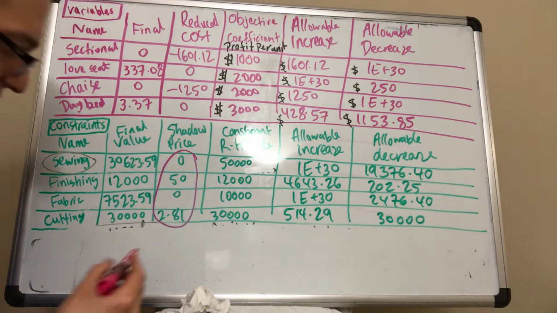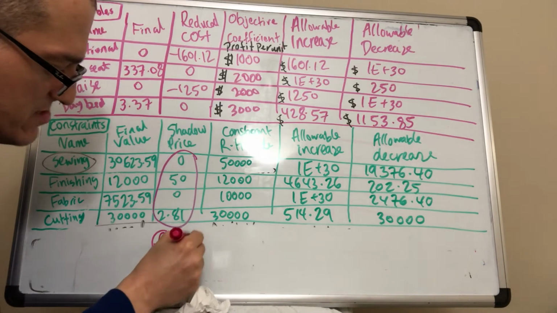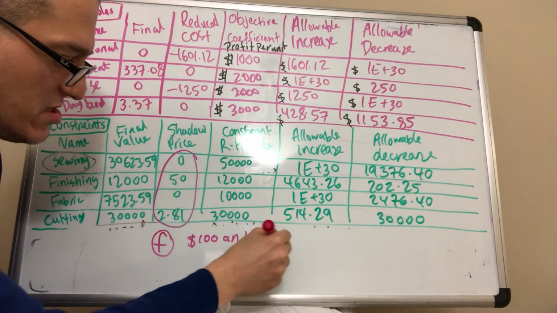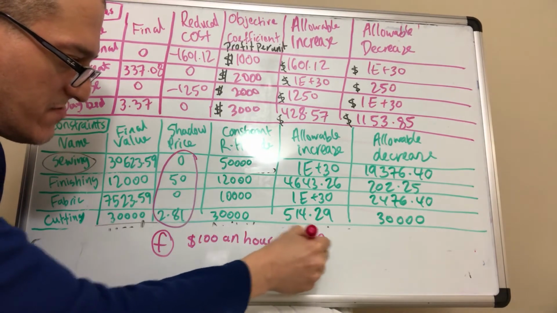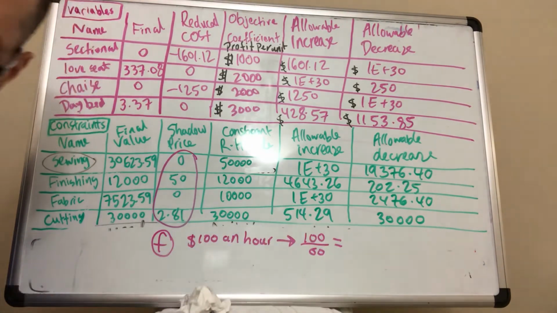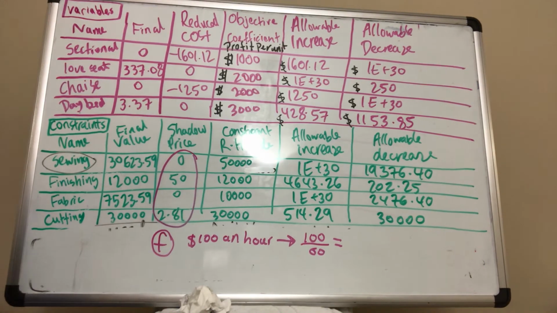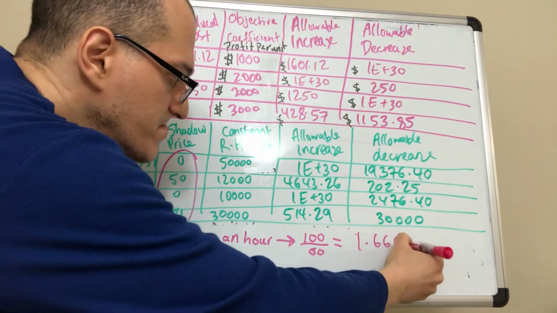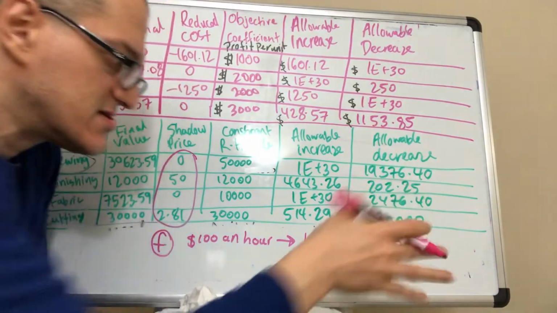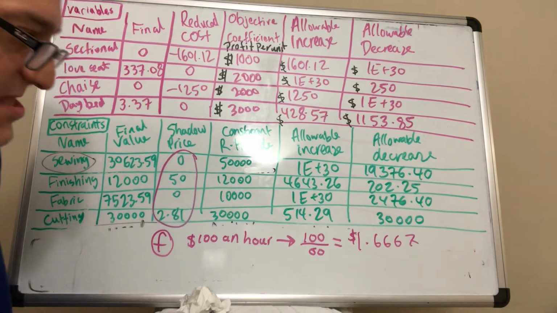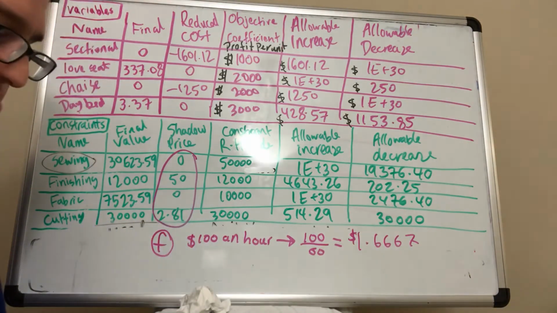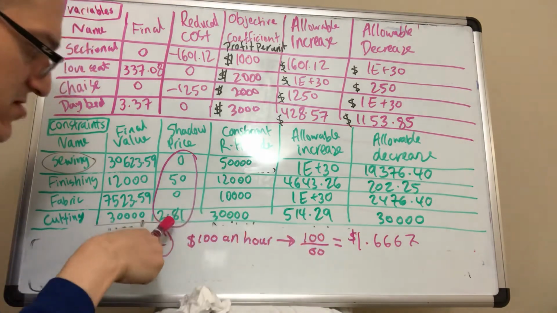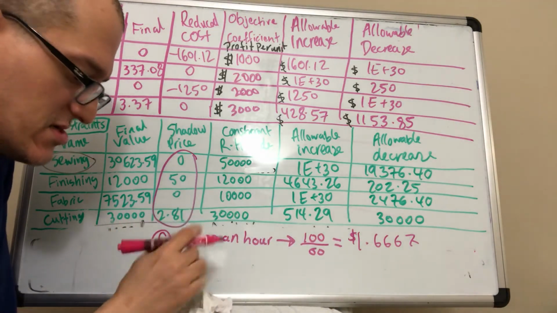So the cost here, $100 an hour. If you do the math and divide it by 60, this will give you about $1.67, 66 cents. If this is more than the shadow price, it's not a good deal. But this one, see, it costs you $1.67. You make $2, it's a good deal.